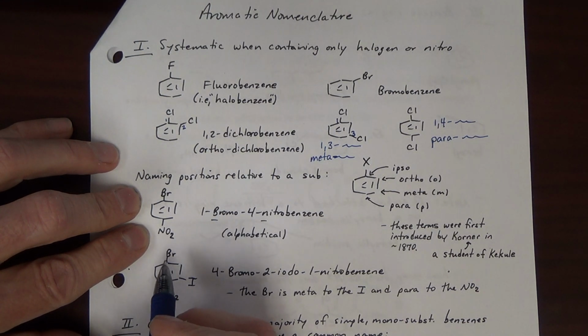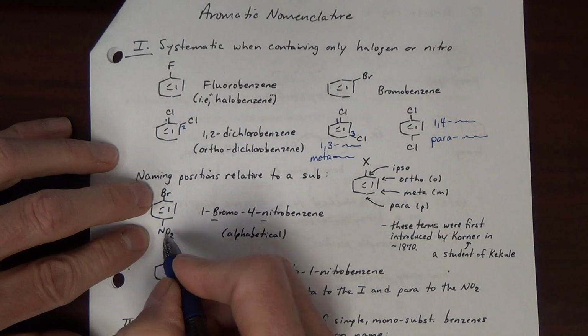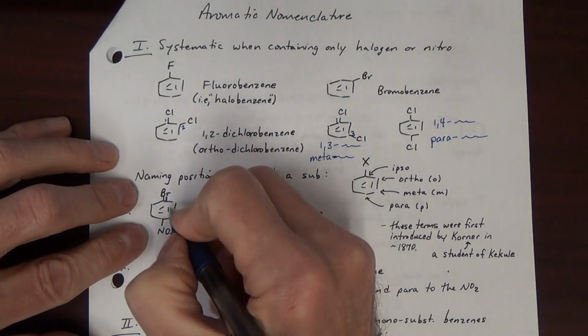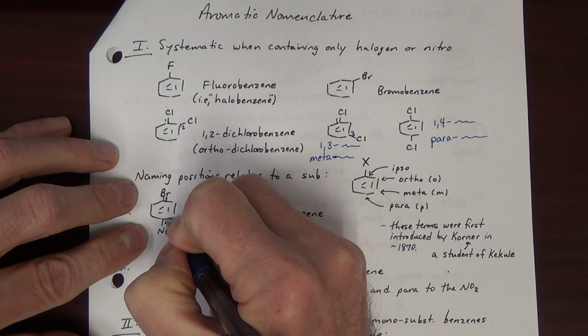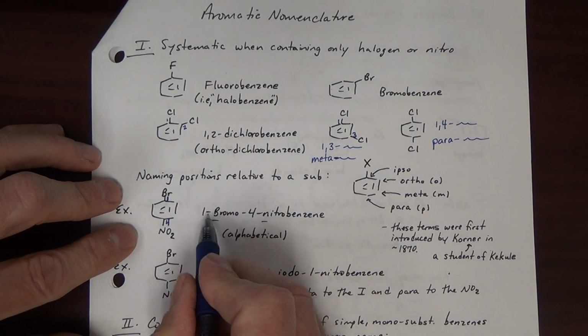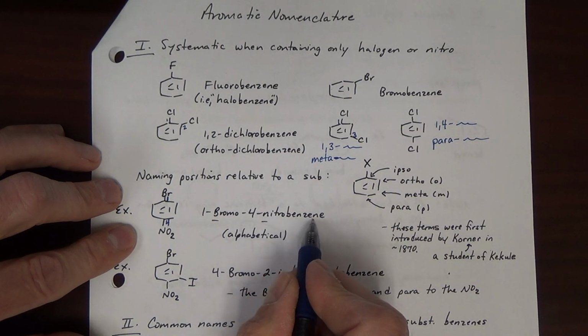Somehow we need to break the tie. Alphabetical. Since B comes before N, we're going to call this carbon 1, 2, 3, and thus that carbon 4. So the bromine's at the 1 position, and the nitro's at the 4 position.